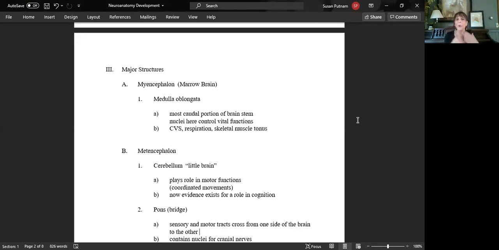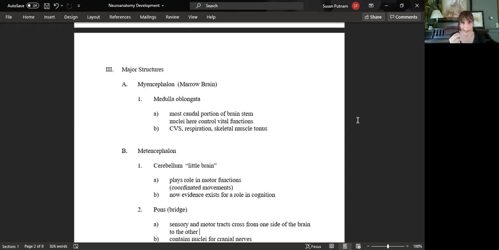So now we're going to start thinking backwards. Now hang with me for a few minutes, and then we'll look at these structures on the DVD that you have, okay? So if you think about way down here, you have your spinal cord, right? And then as you move off your spinal cord up into your brain, that first section is the myelencephalon.